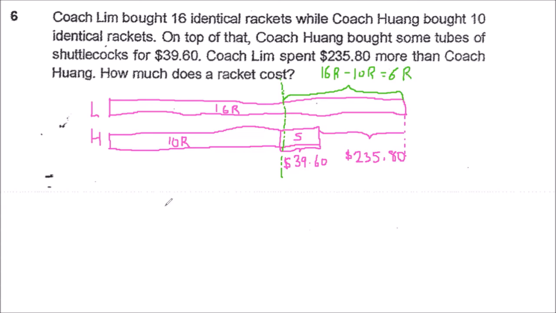Okay, and if you can see this 6 rackets, it will be $39.60 plus $235.80. Okay, and let me just calculate what's the total.